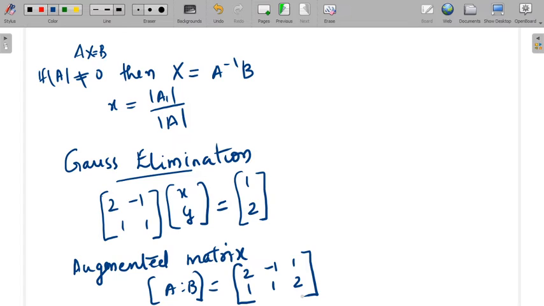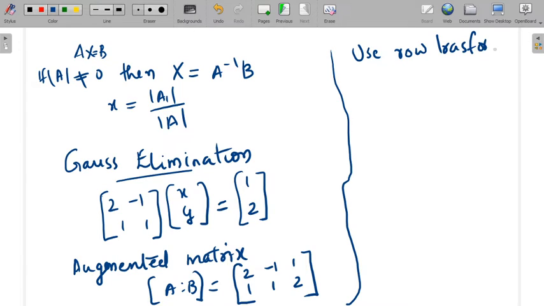So this is matrix AB. Now what we do is we reduce this matrix using row transformation. So if you use row transformation, the solution will remain unchanged.